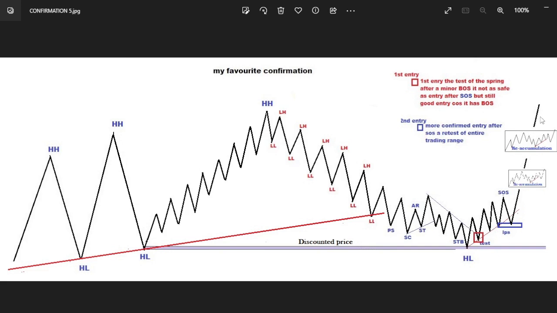A 1 minute accumulation with a 20 pip stop loss, so with a 20 pip move to complete this high, we have 1:10 up. So there's no need to chase a move.